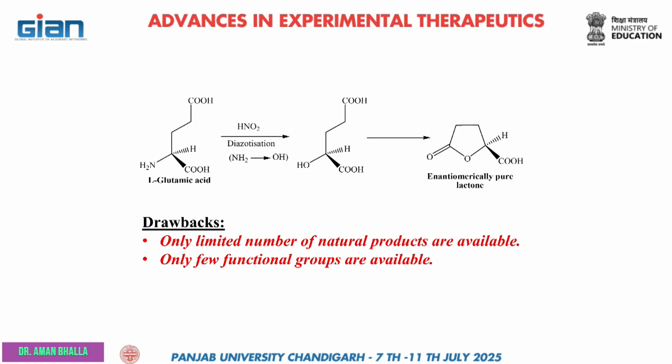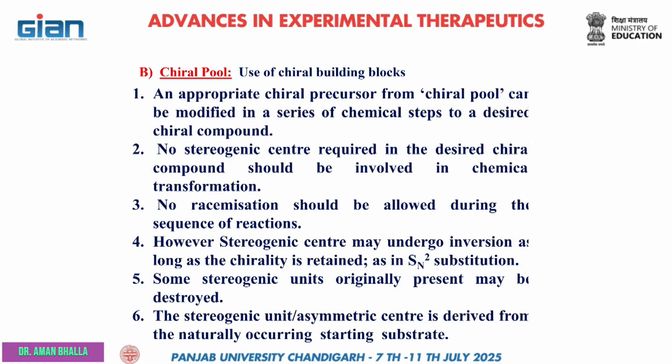So if such a type of chiral unit is required in your product and it is already available in your chiral pool, then just plan a synthesis in a way that the unit is carried as such. Now can you see in this reaction the chiral unit which is present in the substrate directly moves to the product without changing anything. So what is this method?